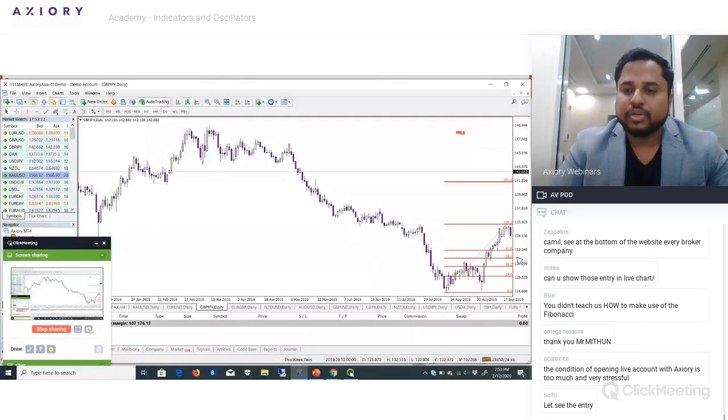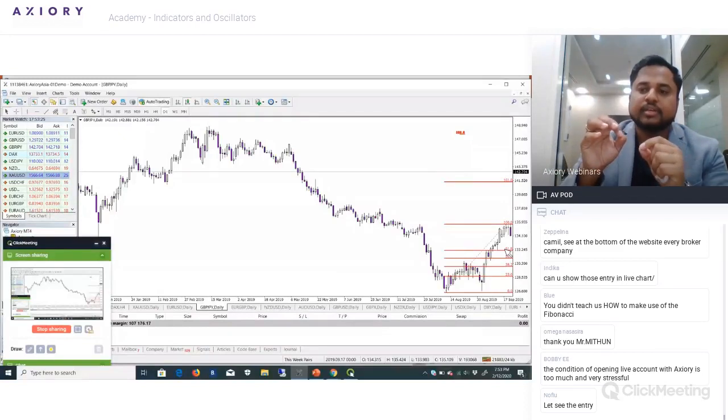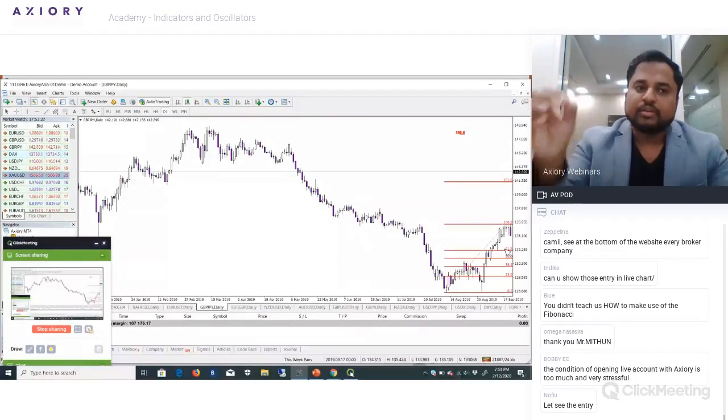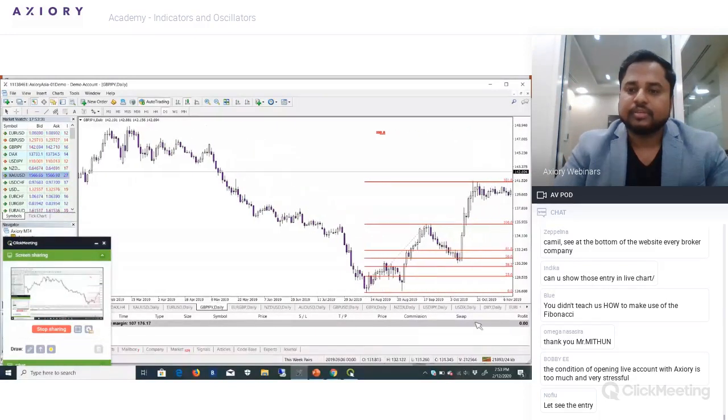So as I told you, 50 and 61.8 are the best levels for the retracement or pullback. Once the price reaches the 50 or 61.8, if any patterns appear, go with the trend. You see here on the 50 level, we got some patterns.